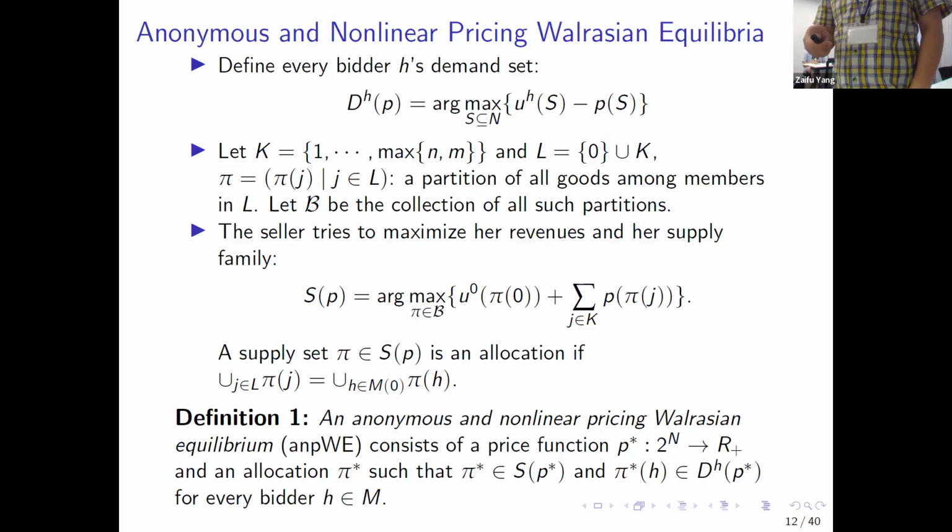So now we can define the anonymous nonlinear pricing valuation equilibrium. This has two parts.